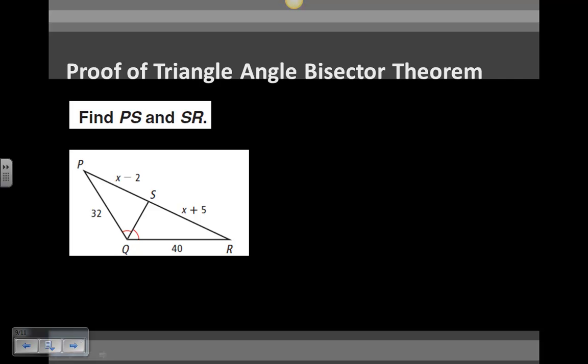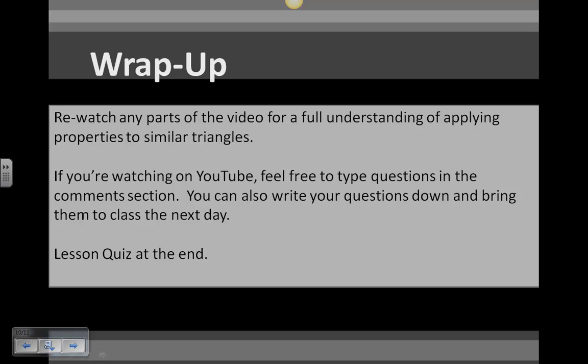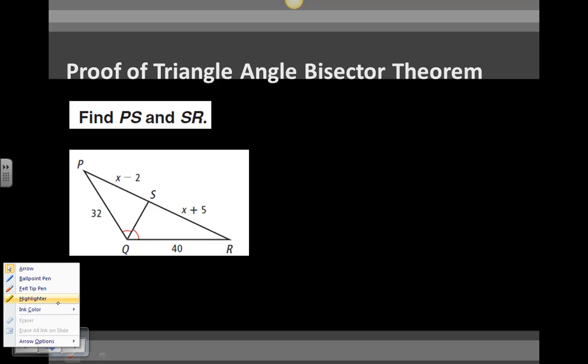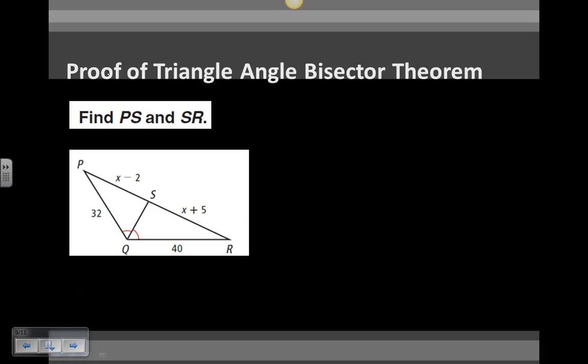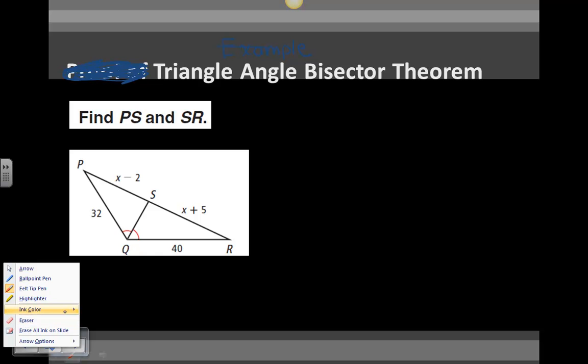This is not the proof of the theorem. I was going to do the proof of the triangle angle bisector theorem, but decided against it. So this is just an example of using the triangle angle bisector theorem.